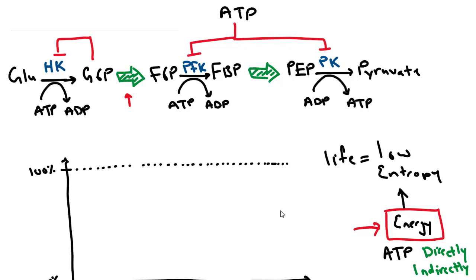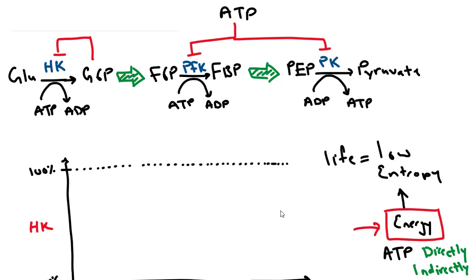Now, what does it actually look like? So, I have a little graph here that we're going to look at. First, we're going to say, okay, the enzyme HK, or hexokinase, which is the enzyme right here, right? What does this activity look like? Well, it's going to seesaw back and forth, right?